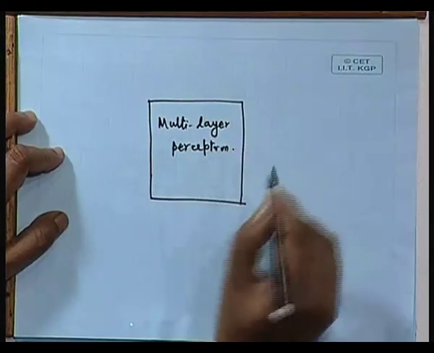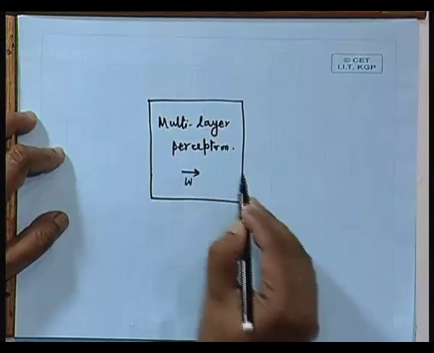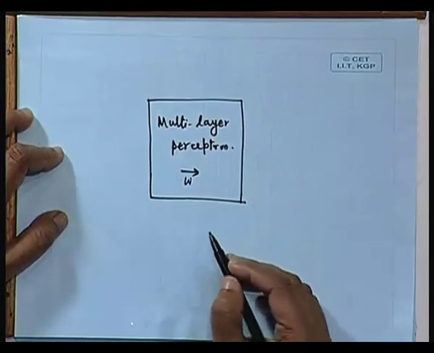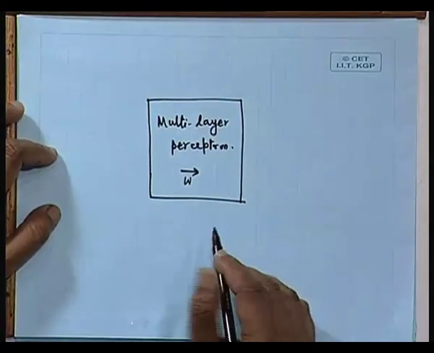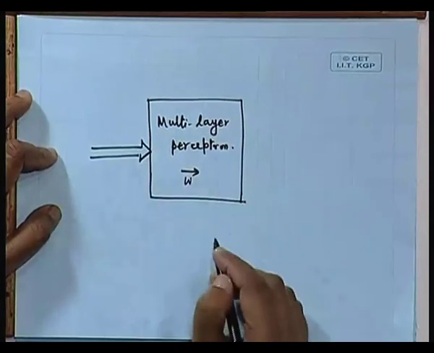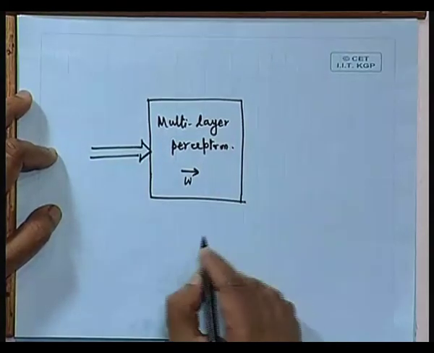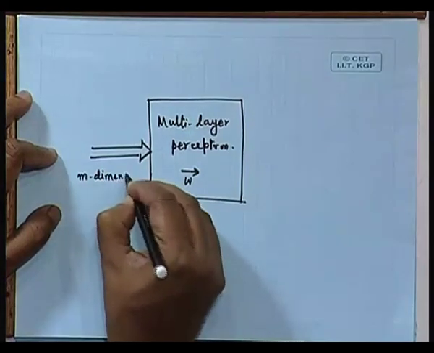And this multi-layered perceptron will be described by its weight vector. The W vector that we are writing is the synaptic weight vector for that, and we will be giving this multi-layered perceptron the inputs, and we are assuming m dimensional inputs as before.